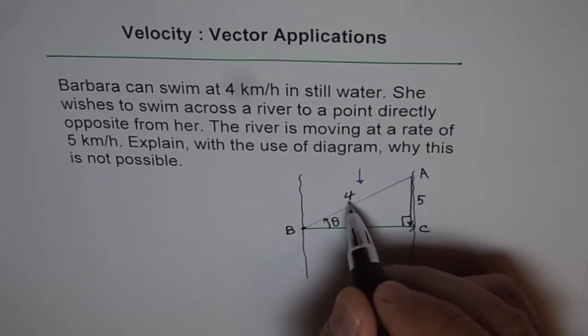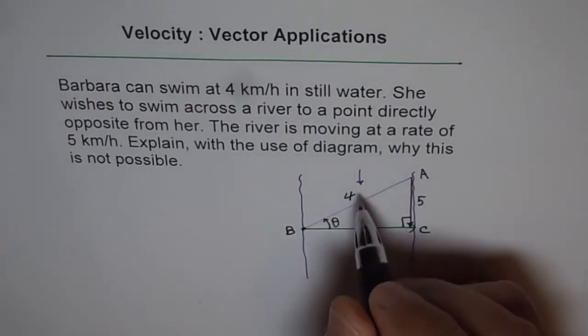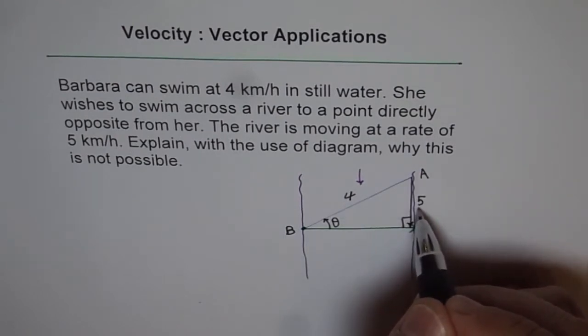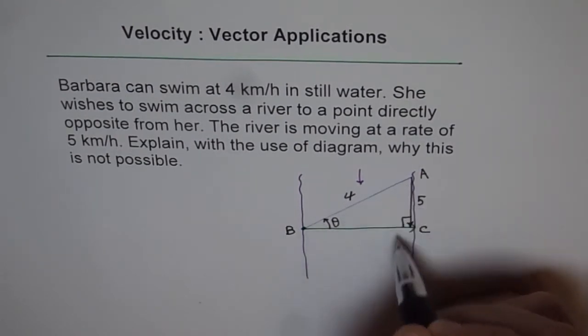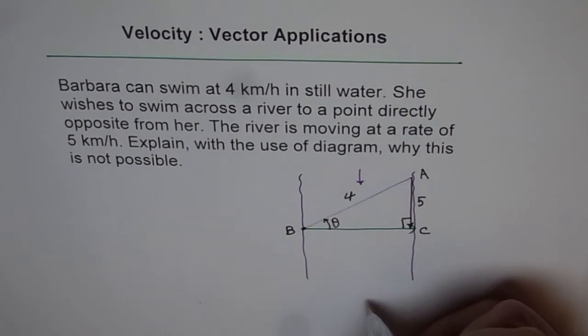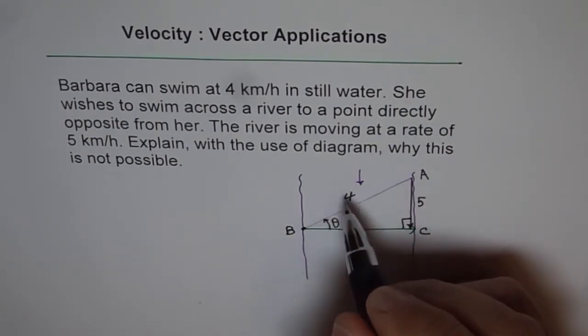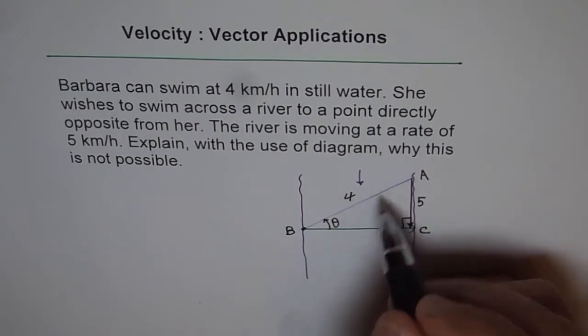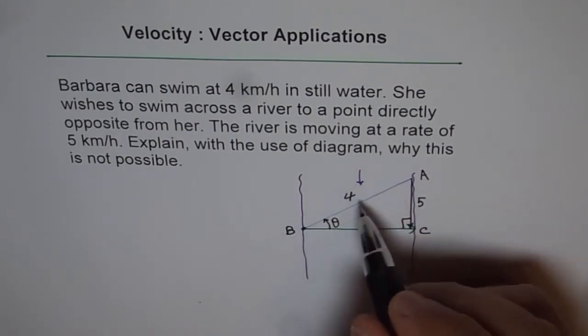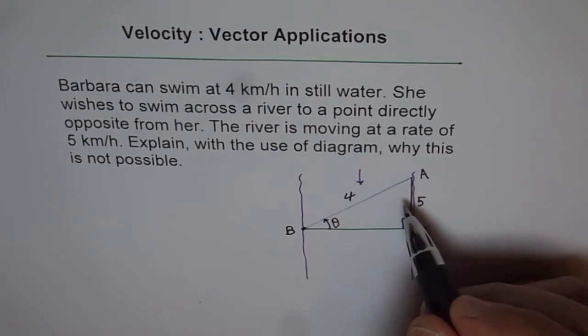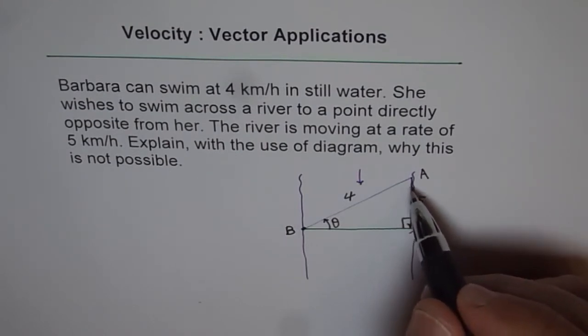But since Barbara's speed is just 4, which is not even more than 5, this triangle is not possible. So the reason is that her swimming speed is not enough to overcome the speed of the river.